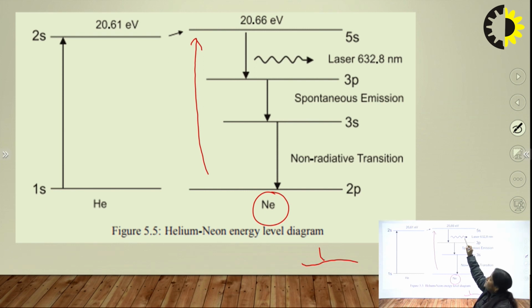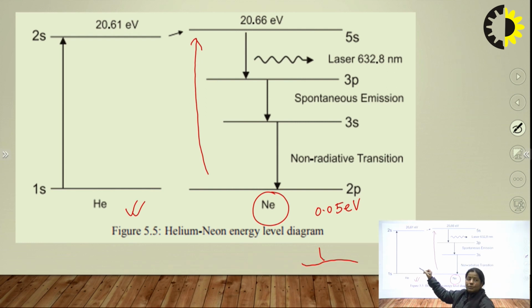This value is larger than 20.61 electron volts, which is for the helium. So, this difference of 0.05 electron volts is transferred to the helium. Again, helium rises from its ground state to the higher energy level.